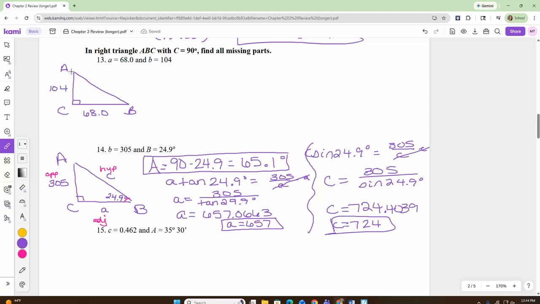If I wanted angle A, what would I have to do? We can look from here. This is our opposite. This is the adjacent. So we could say tangent of angle A equals 68 over 104. Then, if you're trying to find A, we have to move tangent to the other side. What do we do? Inverse. The inverse gives you the angle.